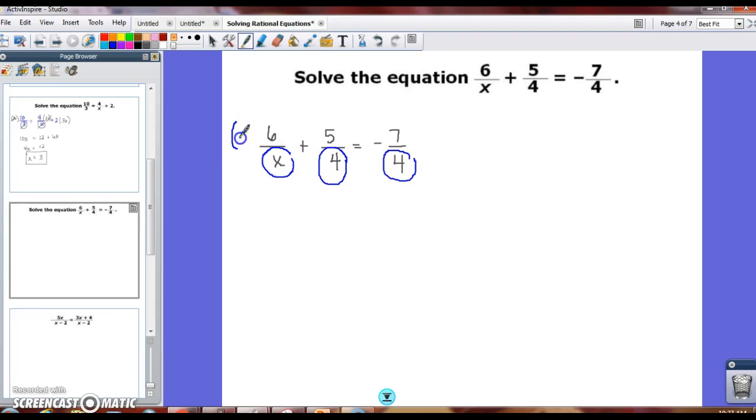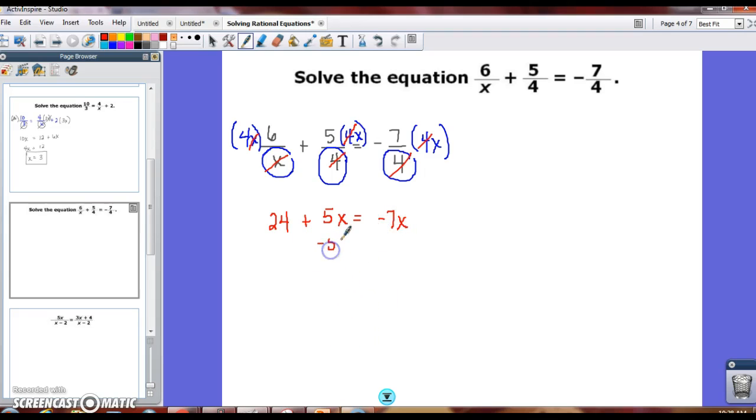So I'm going to multiply this by 4x, multiply this by 4x, and I'm going to multiply this by 4x. So here my x's eliminate, so I'm left with 24. Here I can cancel out my 4's, so I'm left with 5x. Here I can also cancel out my 4's, and I'm left with negative 7x.